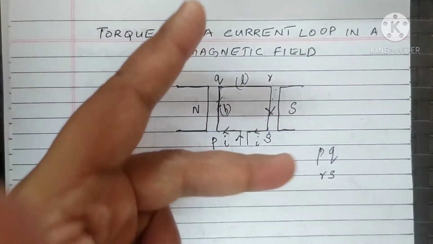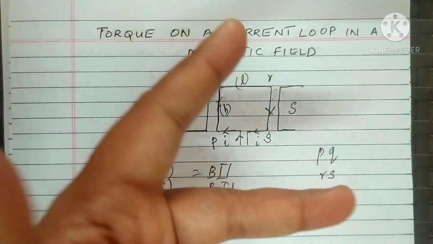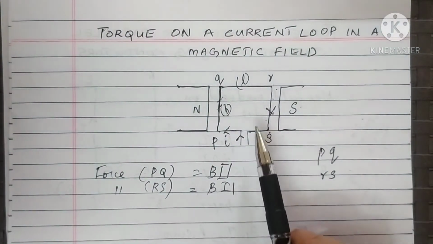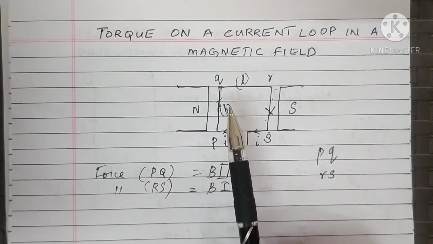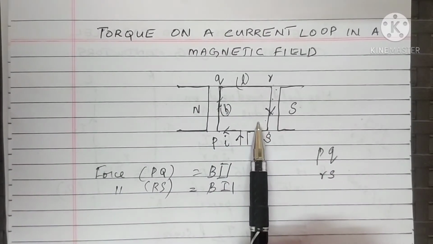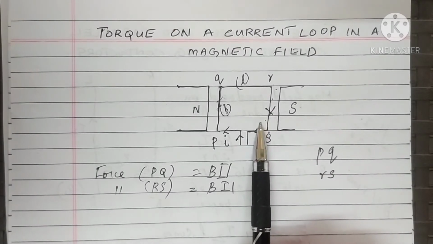Then the direction of current using the middle finger, and the thumb will give you the direction of force. So here the force is into the plane of paper, and here it is out of the plane of paper. Sorry, not magnetic field, force experienced.